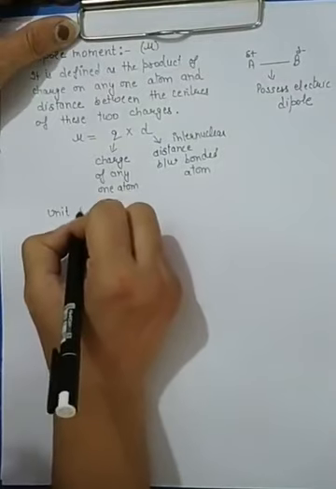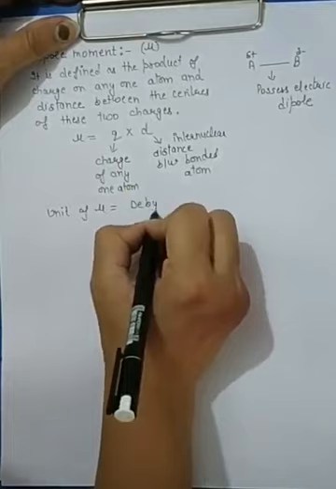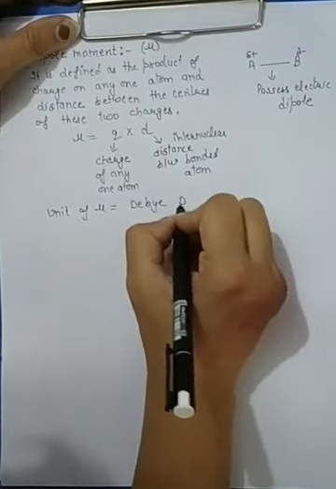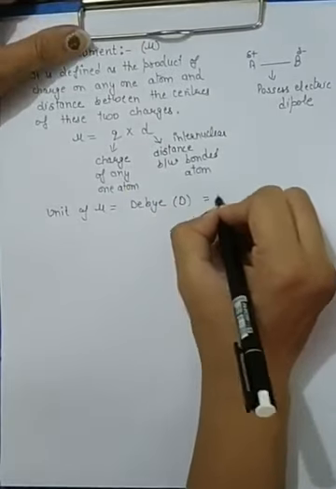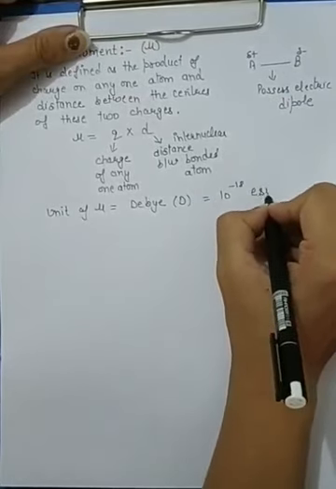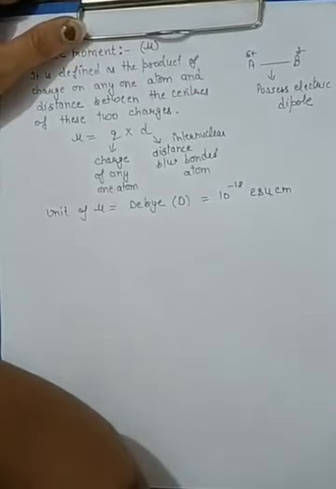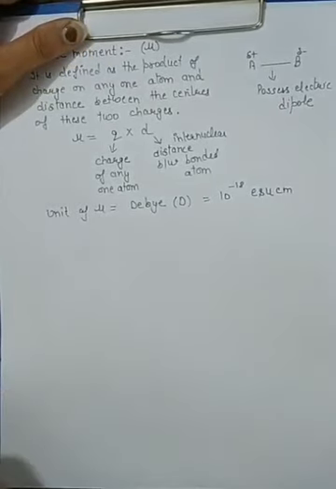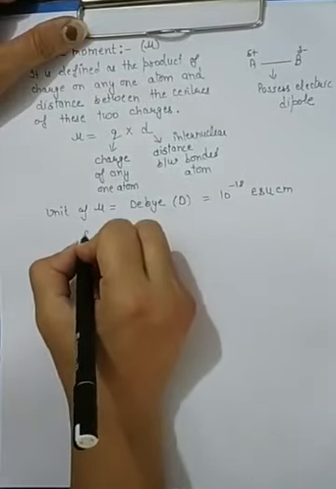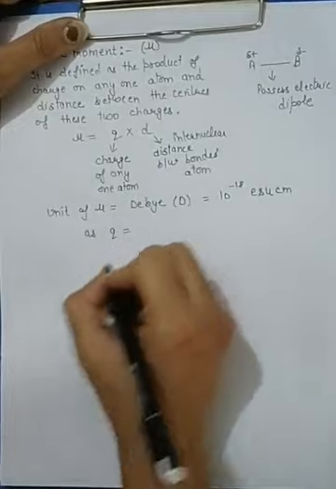Unit of mu is the Debye, denoted as capital D, which is equal to 10 raised to power minus 18 ESU centimeter. How? As Q, that is charge.